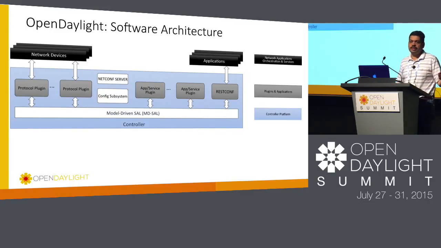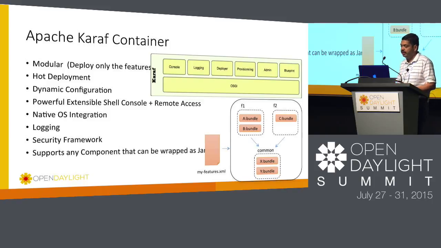So what are those things? Plugin A might be communicating with plugin B, which might be in the same controller instance, or there is a configuration mechanism where you can dynamically load new configuration. There is also a very powerful shell access that you will see today as you look at the logs of the plugin or see which features are loaded and what each feature depends on.